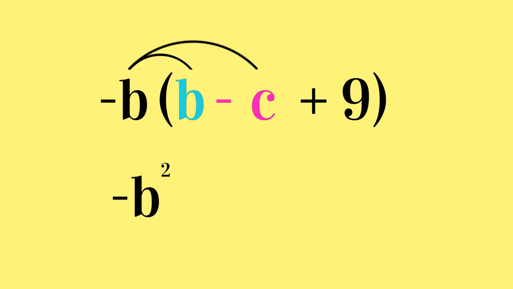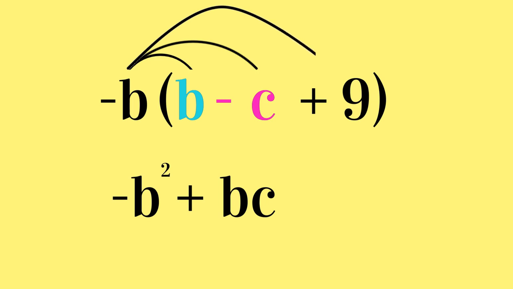Two negatives make a positive, so we get positive bc. And finally, we have negative b multiplied by positive 9, which is negative 9b. So the final expression is -b² + bc - 9b.